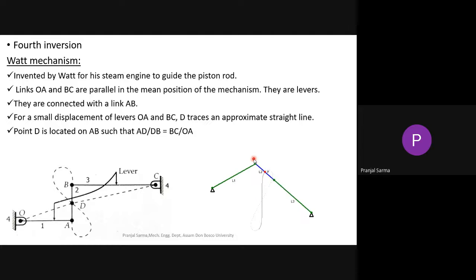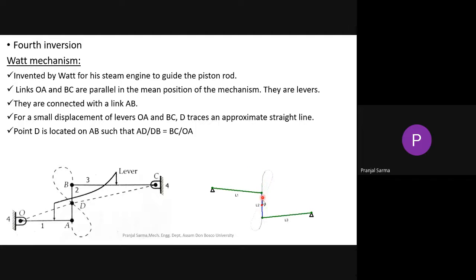Once again, it's not like any point on this connecting link AB is going to give you this kind of straight line behavior. There has to be a certain relationship that must hold good. If you look at this video itself, it will be evident.